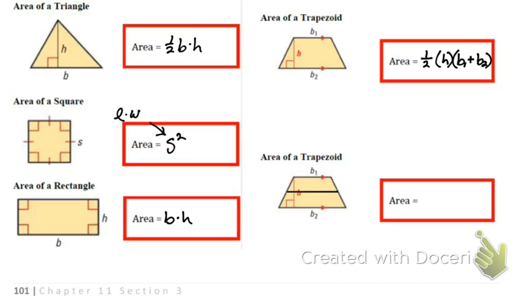Let's talk about that in terms of medians. If we look at the next picture, we're going to come up with another formula, but it's the exact same formula. Here's the important part: this is called a median, if you remember. Does anyone remember the formula for a median? The median of a trapezoid equals what? And this can be anyone, even if you answered before.